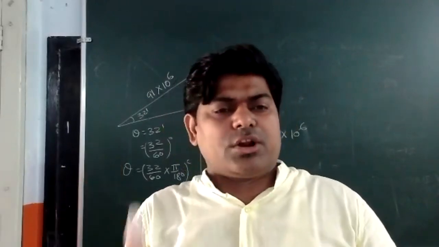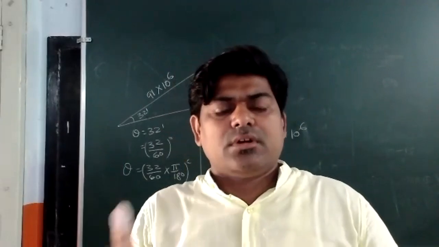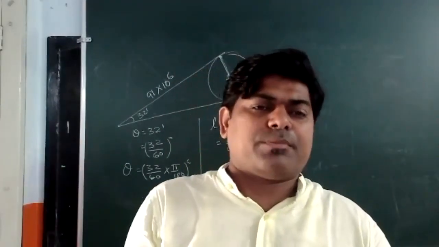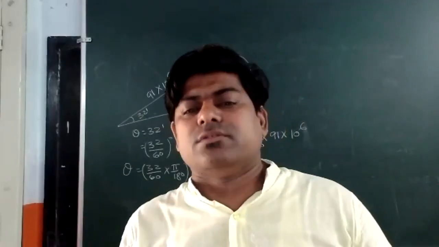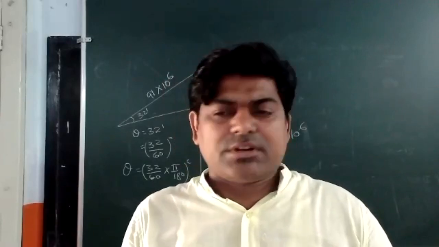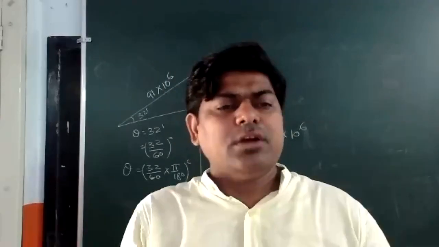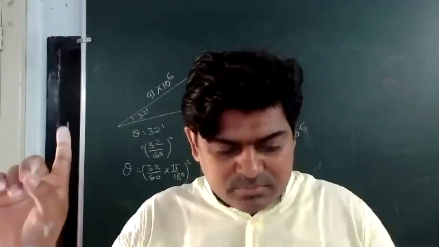Same time we learned that sec and cos are inverse of each other. Cos theta can be written as 1 upon sec theta, and sec theta can be written as 1 upon cos theta. The same time we learned tan and cot are inverse of each other, and tan can be written as 1 upon cot, and cot can be written as 1 upon tan. All these things we know and have also used.